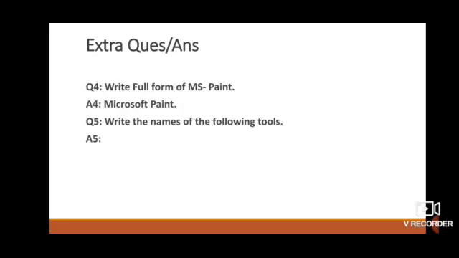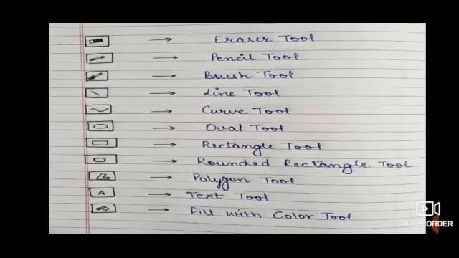Okay. Now question number 4 is, write the full form of MS Paint. So the full form of MS Paint is very easy. Microsoft Paint. Now question number 5, write the names of the following tools. Now this you will do in your notebook only. So like this you will draw the pictures also and you will write the names. Very easy.